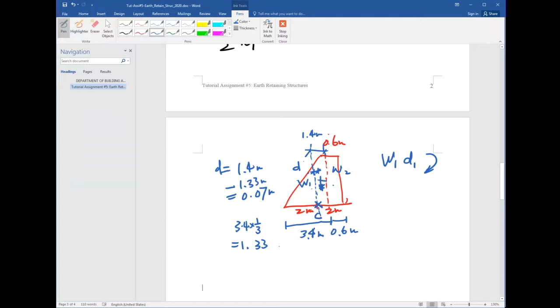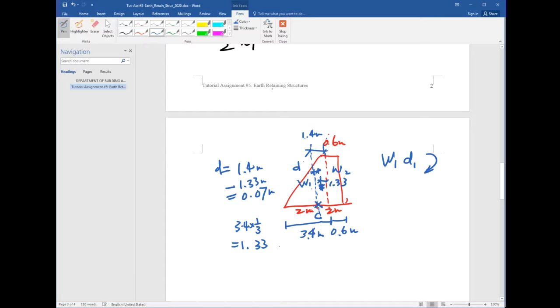Can you see here, right? The centroid is equal to 1/3 of 3.4 meters, right? So it's 1.3 meters. And that is 1.4, right? So it's equal to 1.4 minus 1.3. So that gives you the clockwise moment.